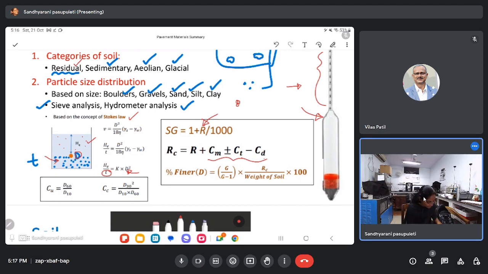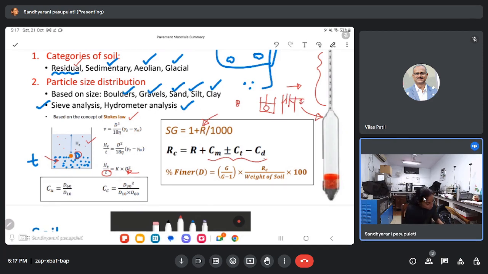What is this meniscus correction? For example, if you dip the hydrometer into water, exactly water would be like this, so the hydrometer will be dipped like this. But if you dip it in the solution, you could observe that there will be a rise, which you can observe as the meniscus.